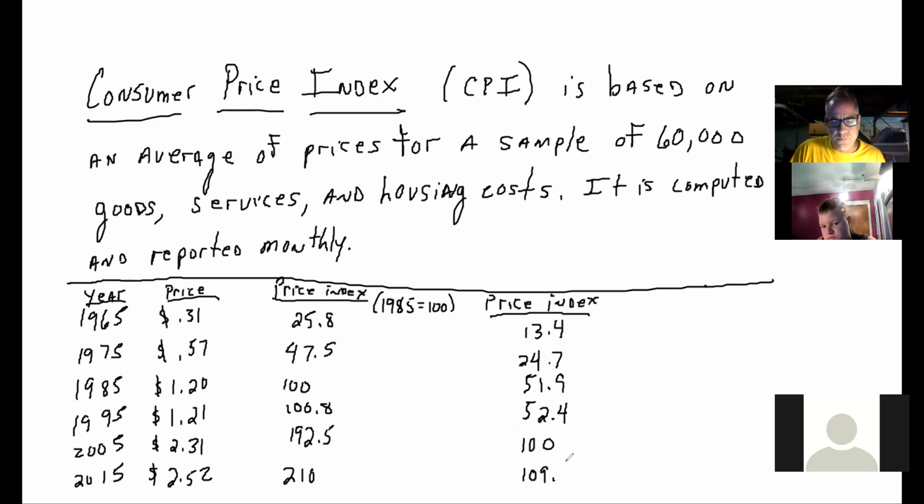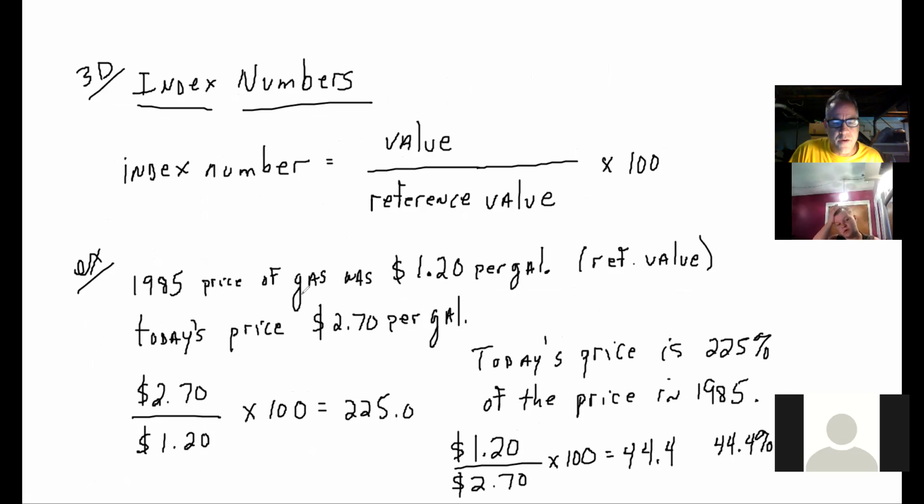All right. And here we're going to have 2005 equals 100. So remember, I'm going to flip right back to this. I want to go back to here. I was comparing gas in 1985 to today's price, which probably was, oh, shoot.